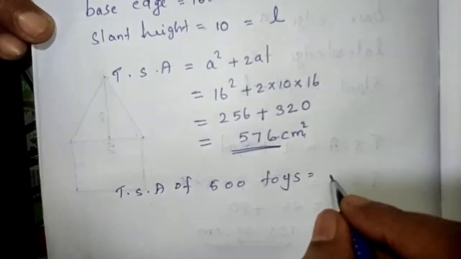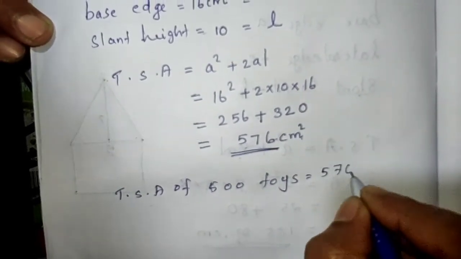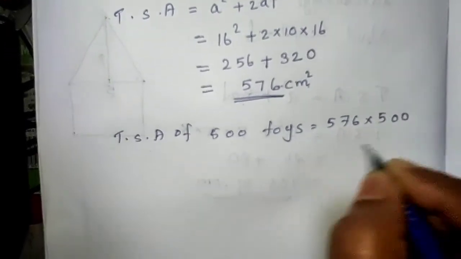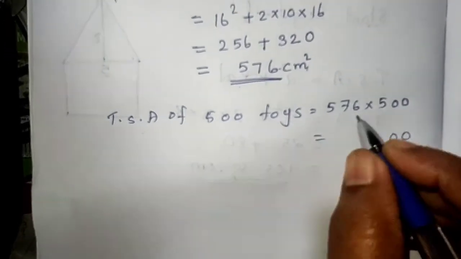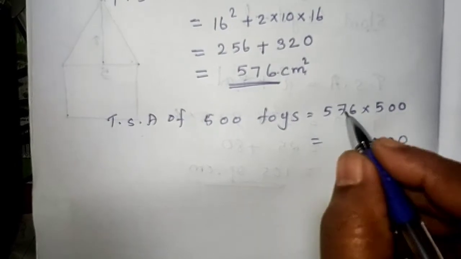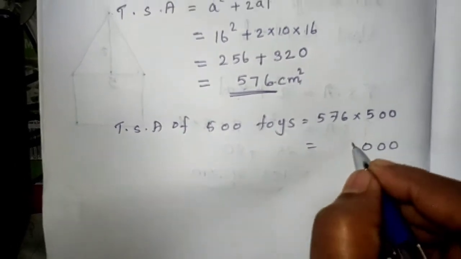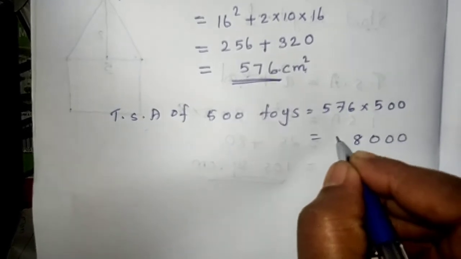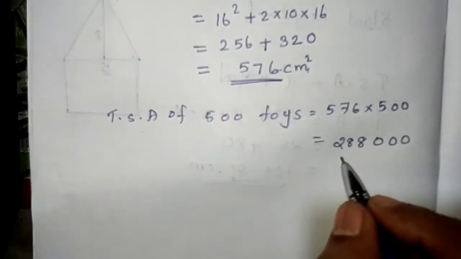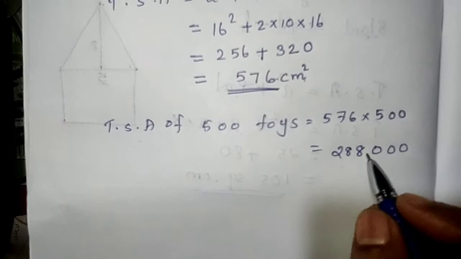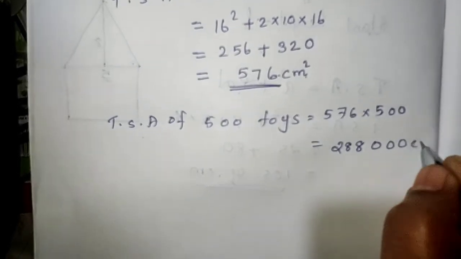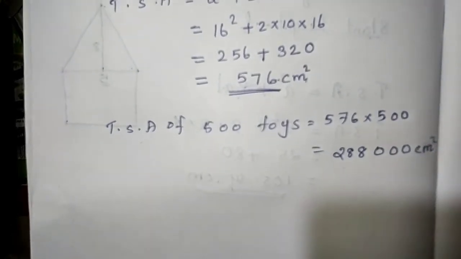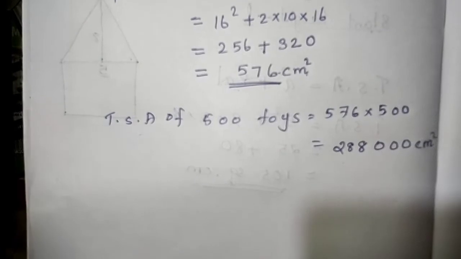Then area of 500 is equal to 576 into 500. 6 5s are 30. 7 5s are 35 plus 3, 38. Then 5 5s are 25 plus 3, 28. So 288,000 square centimeter.